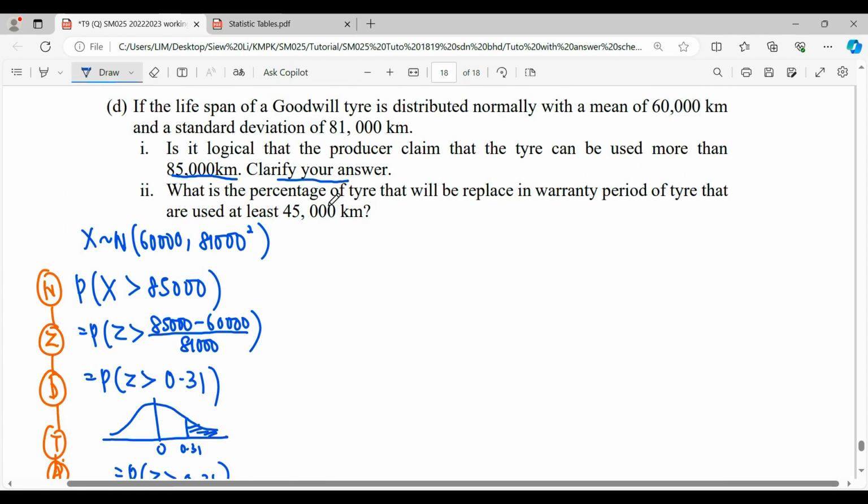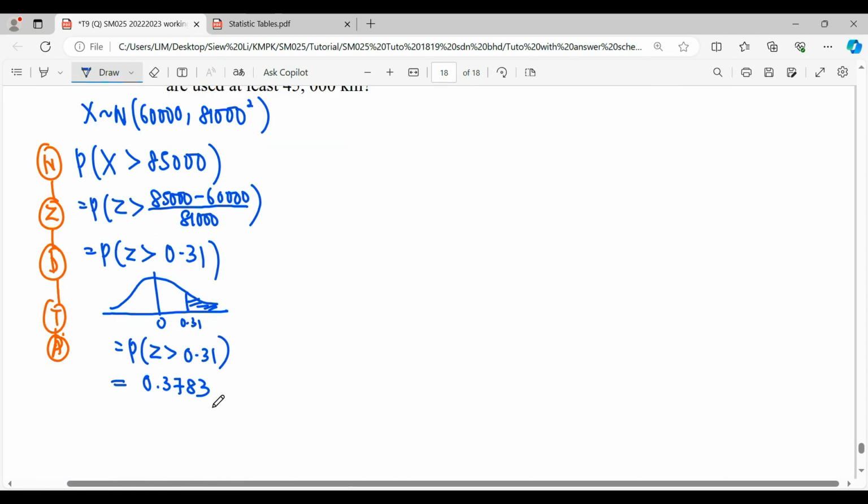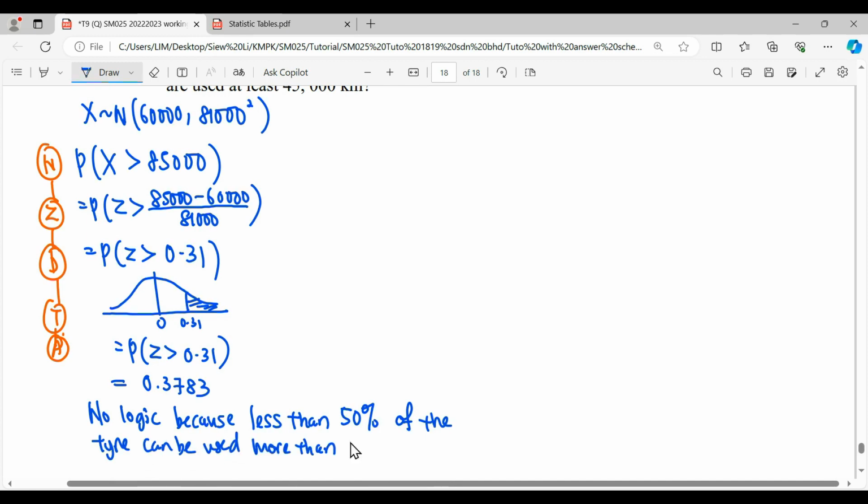So here we will say no. It is not logical, because this situation gives us less than 50% of the tyres that can be used for more than 85,000 km.